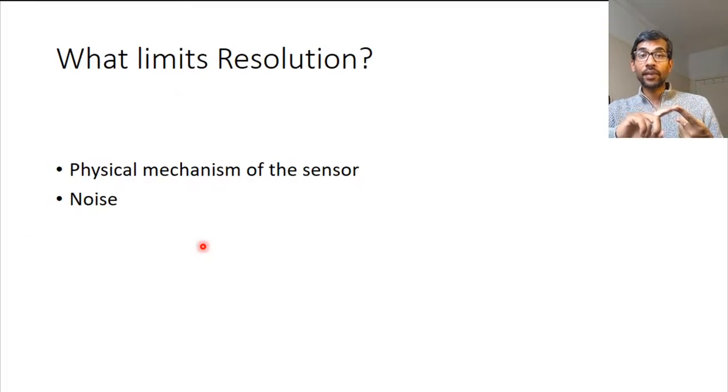One is the physical mechanism of the sensor itself, as we saw in the previous slide. Our graphs were sensors, and they could only measure a minimum of a certain radial quantity and not anything below that. But resolution of a sensor is also limited by noise. Why? See, let's say you're measuring an output and you get an output of, let's say, 1 millivolt. When you change the input, you're expecting an output of around 2 millivolts.